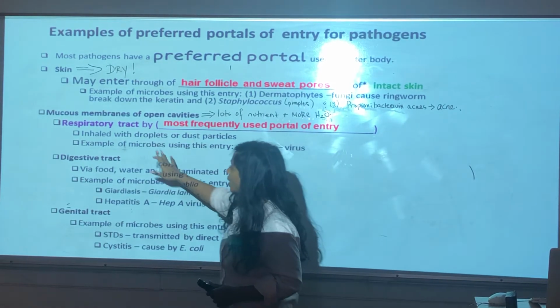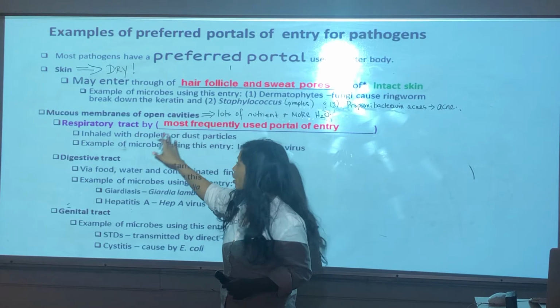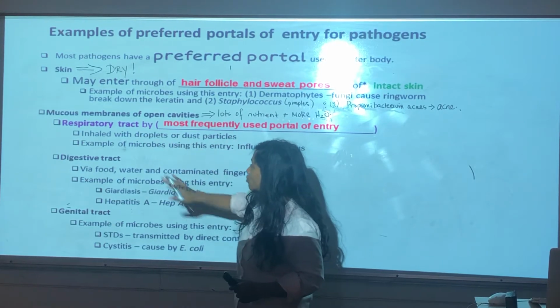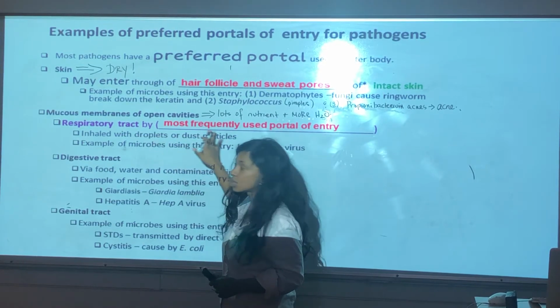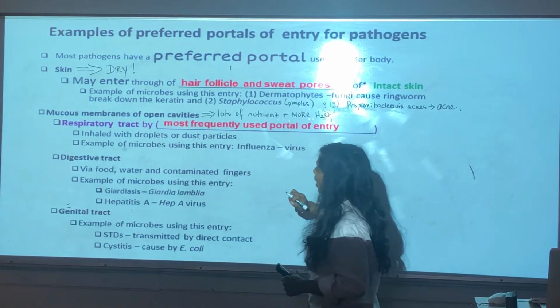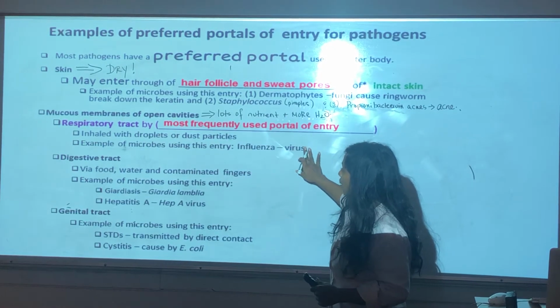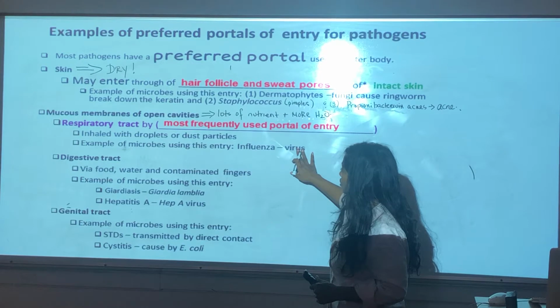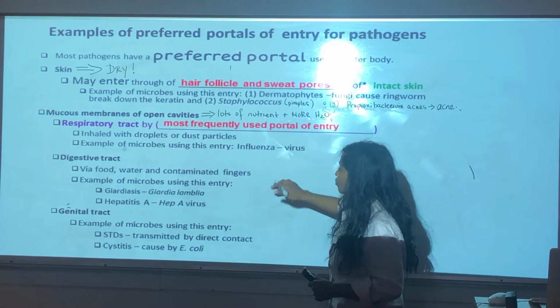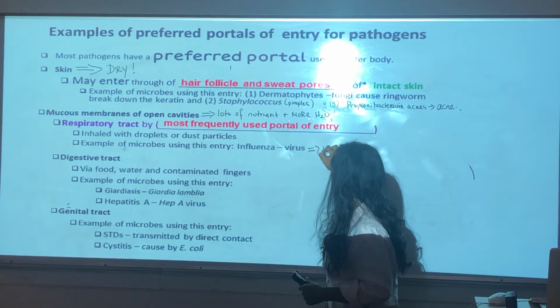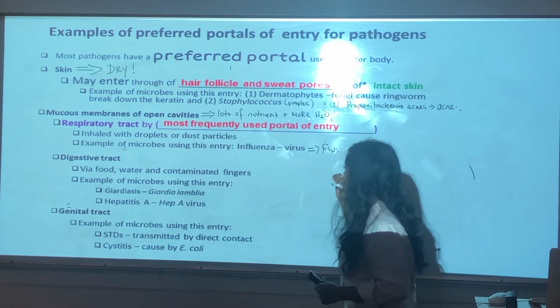These organisms can be exchanged and transferred to individuals through droplets or dust, right? And some microorganisms use this entry, so I put one here, influenza virus, which is causing the flu, but there's many more as I just mentioned.